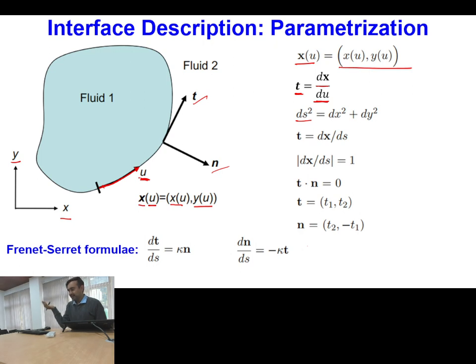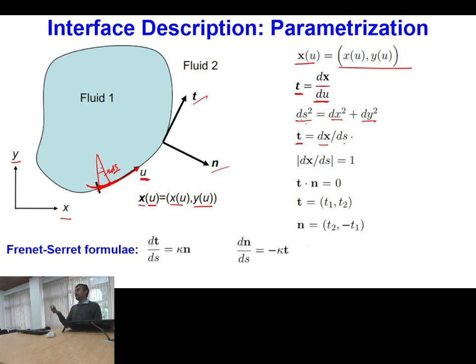Okay, so for that one simple formulation can be, if I assume that at any point whatever is my curvature, with that curvature I have say ds as my small arc length of this surface, then ds square can be written as dx square plus dy square. Okay, so in that sense, for that small part of the interface ds, I can write tangent vector to be dx by ds. Is this one clear?